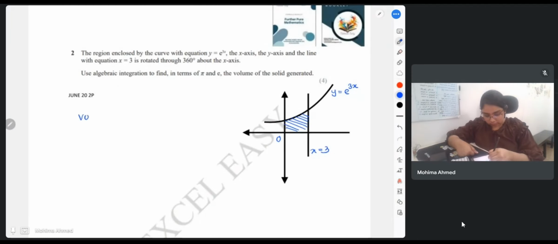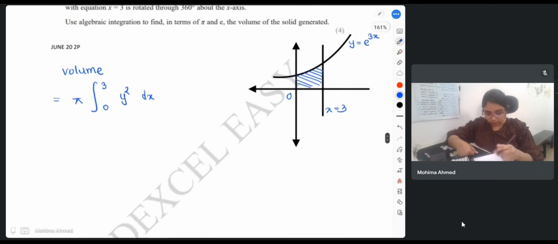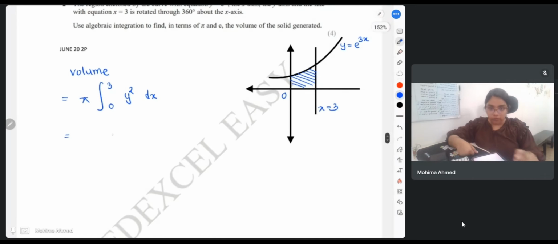It's quite easy. So I'll just write that the volume is pi times the integral from 0 to 3 of y squared dx. Y squared dx means you had e power 3x, and this time it's going to be e power 6x in this case. If you integrate e power 6x, it's just going to be 1 by 6 e power 6x. The powers will not be added in this case.